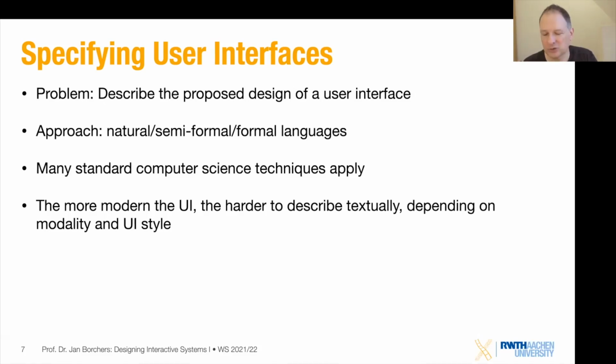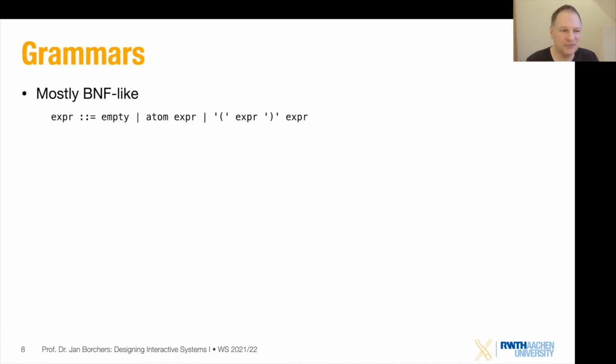And I'll show you a couple, and I'm sure you'll remember them fondly from your theoretical computer science days. First of all, grammars, right? We all remember and love the Backus-Naur form, grammars to express things. These are great for command line user interfaces, because the turn taking that you typically have between a computer and the user in a command line interface is very easy to model because it's a sequence, and grammars are great at expressing certain examples of sequences.